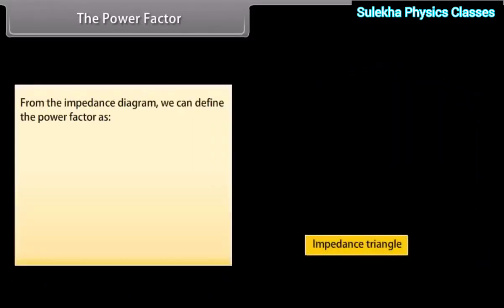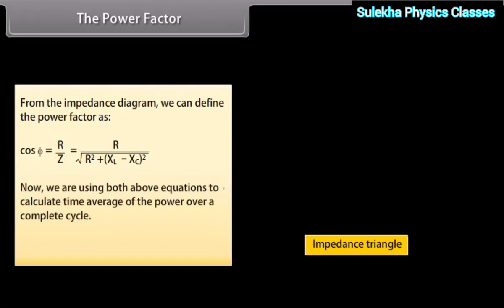From the impedance diagram, we can define the power factor as cos phi equal to R upon Z, which is equal to R upon under root R square plus (XL minus XC) square. Now, using both above equations to calculate the time average of the power over the complete cycle, P bar is equal to Irms square into R.